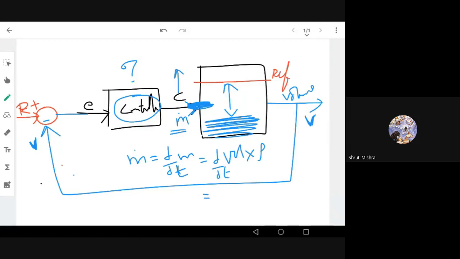But density is constant, so d by dt into volume. Now we try to mathematically model the volume, and then we integrate both sides to remove the d by dt, the differential term. So we integrated both sides and finally came across one mathematical equation. So this is a kind of modeling. The relation between input and output algebraically is much simpler. So that mathematical modeling we had just discussed.